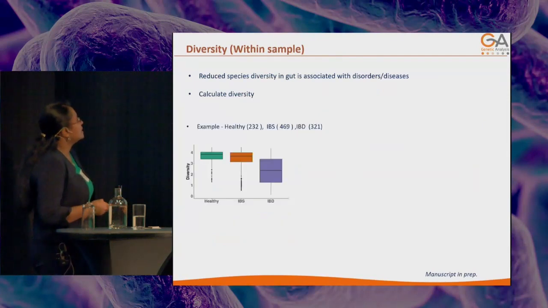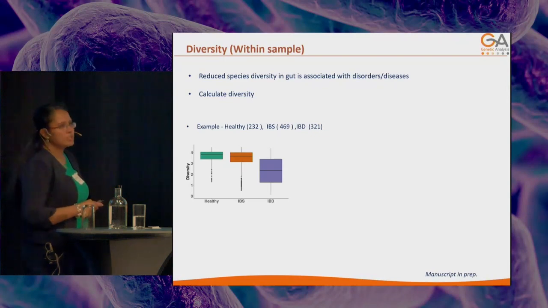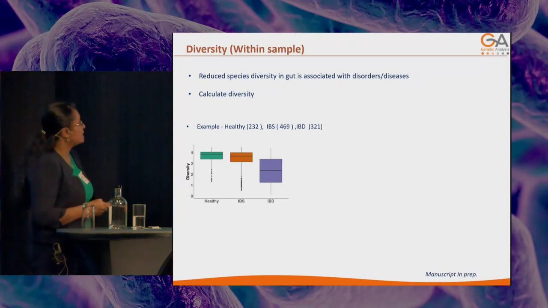We estimate the diversity of the sample, and in this example we have a healthy, an IBS and an IBD cohort. When the algorithm calculates the diversity, it outputs a score between 0 and 5. The lower the score, the less diversity in the sample.